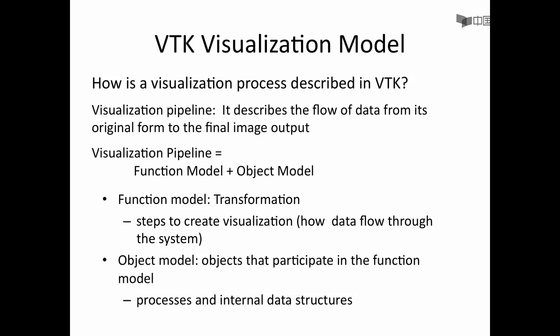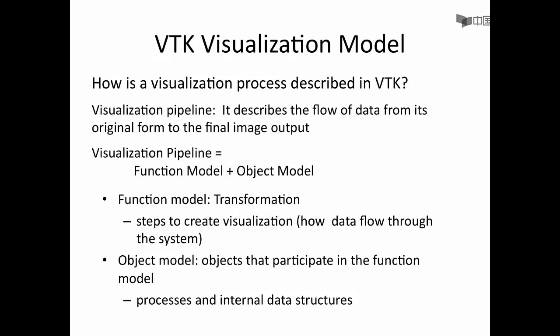So how is the visualization process described in VTK? VTK has this concept of the visualization pipeline. The pipeline describes the flow of data from its original form to the final image output. The visualization pipeline can be divided into a function model and an object model.